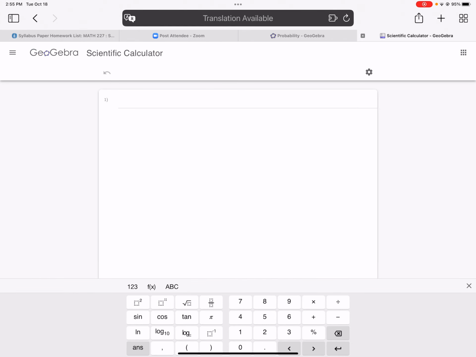So I go to the GeoGebra Scientific Calculator, and then I just tap 102 divided by 238, and then I do minus first 1.96 multiplied by the square root.